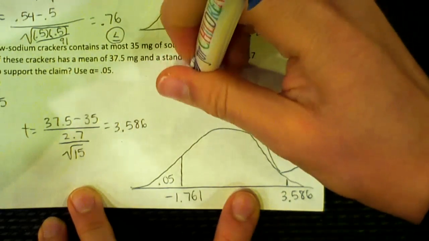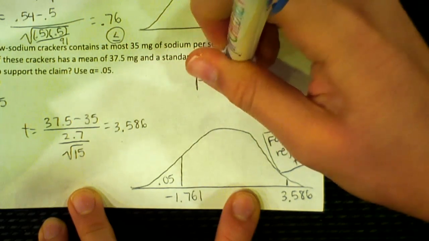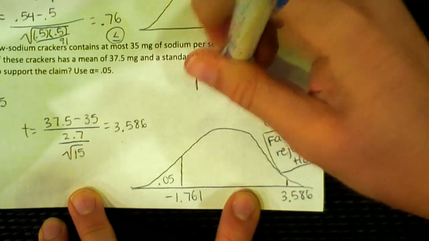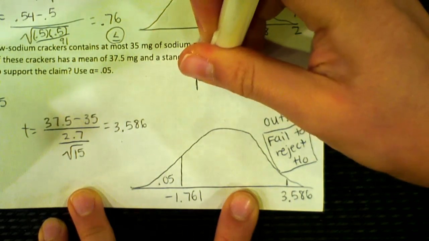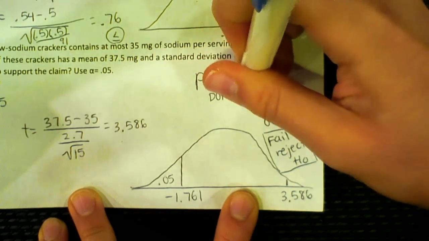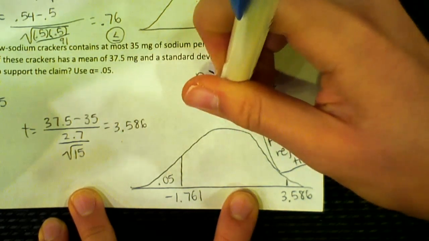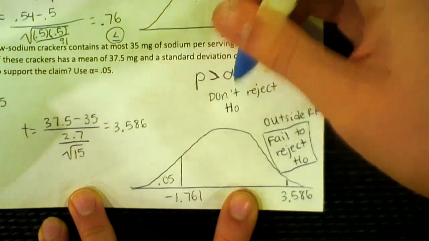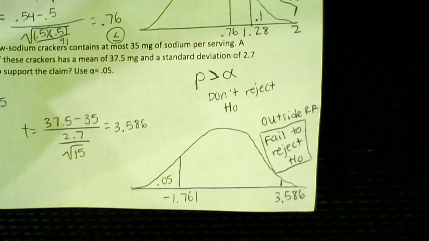So if we have P is greater than alpha, we never reject H0. Wait, isn't there one where it's like if it's equal to?